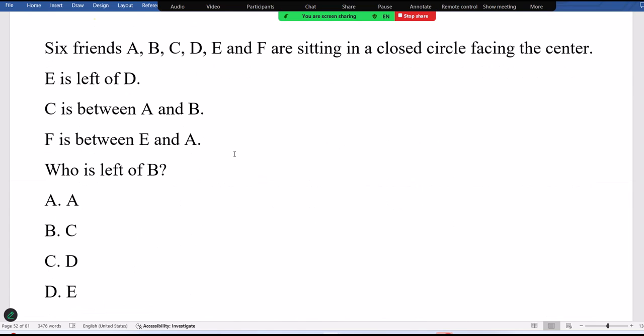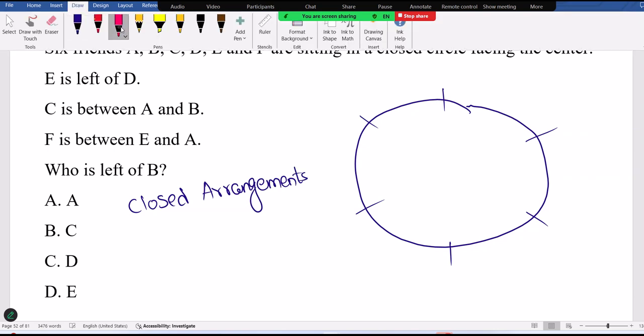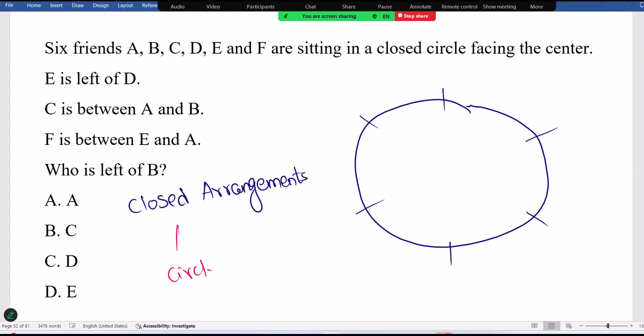Yeah, this is regarding circle. One of the students previously asked regarding circle as well. Now again, look into this circle. We have 6 people. One important thing in any closed arrangement, whether it is a circle or hexagon or triangle or any other: if they mention left, take immediate left.